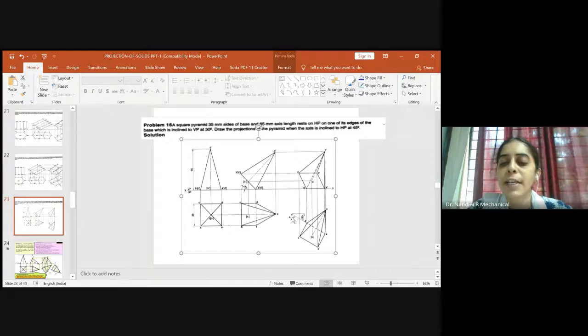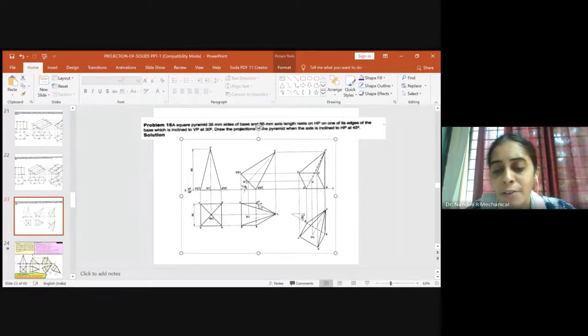So after taking 30°, now we have to shift the side which was resting on HP to the 30° line. Whenever the side is inclined to VP, the true shape of the side will always be the same in the first stage and the second stage. So this side of 35 mm will be similar to the side of 35 mm here, and hence no need to determine the apparent angle.